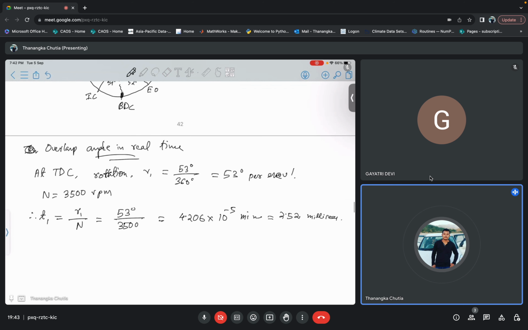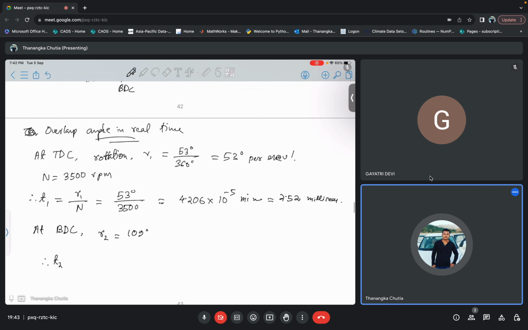Similarly at BDC, your R2 is 109 degree, so T2 is R2 divided by N, and you will get 5.1904 milliseconds.